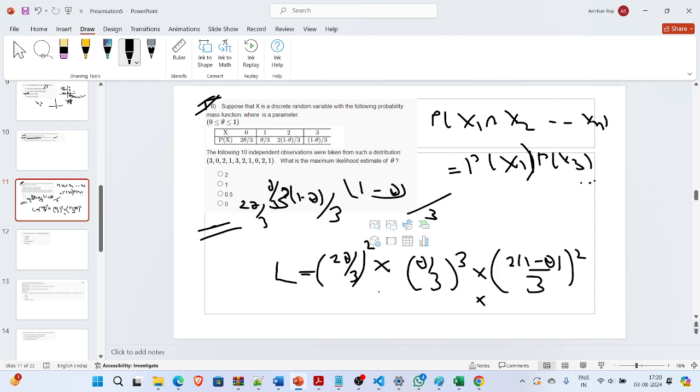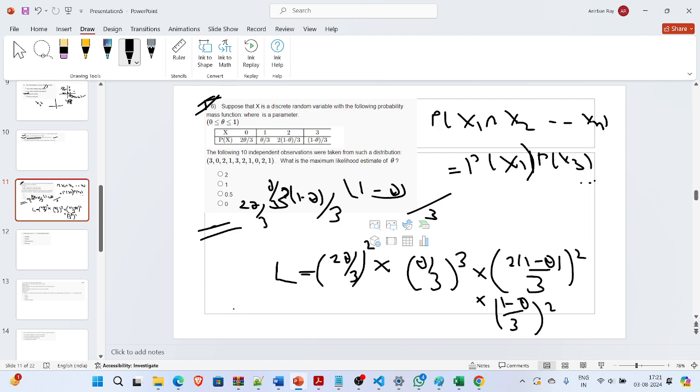And next for 3, how many 3s are there? 2. So for 3, it is 1 minus theta upon 3, to the power 2. Oh, sorry, 2 only. Yes. Okay, so this is the likelihood.